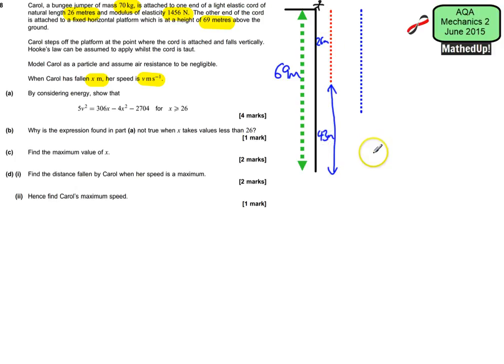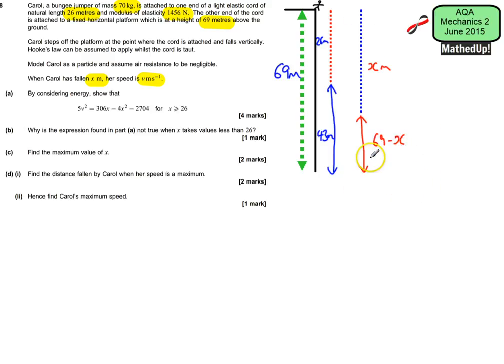I'm also going to label this distance here. She's fallen x meters, so we'll call this distance x meters, and this distance from the ground up is going to be 69 take away x meters.